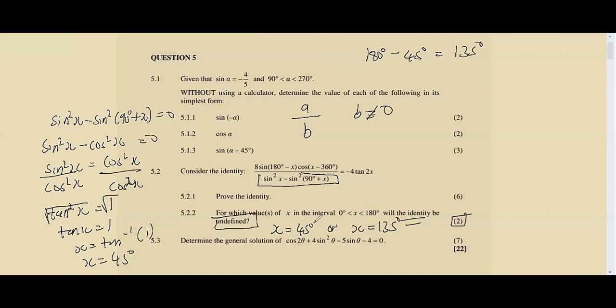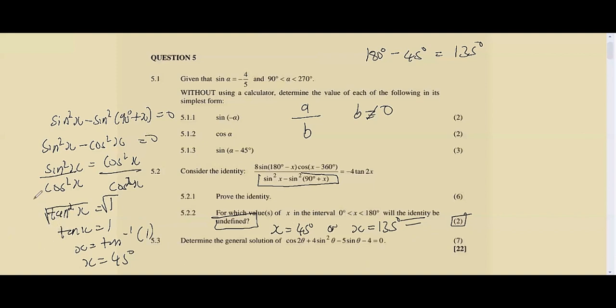So you have x is 45 degrees or x is equal to 135 degrees, right? So there's a trial and error method of doing that. But then here I was just trying to show you in terms of the calculation how you would have obtained that. Now you can just do the calculation by the side and just come with your solutions here. So you do not need to show all those calculations because it's only 2 marks.